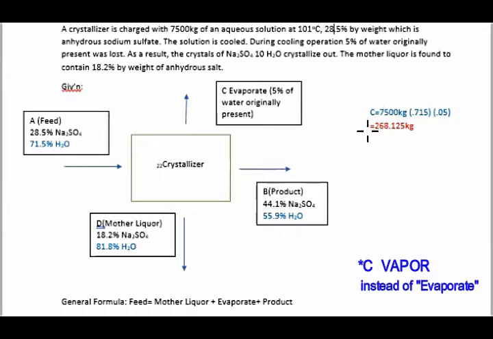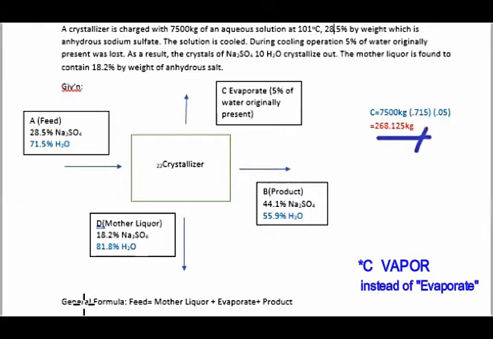For us to be able to solve this one, we need to multiply first 7,500 by 71.5% because originally it's 71.5% water. Then we need to multiply it by 0.05 because 5% of it has already evaporated. So we already have 268.125 kilograms of evaporated water.